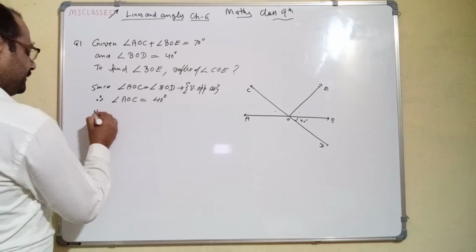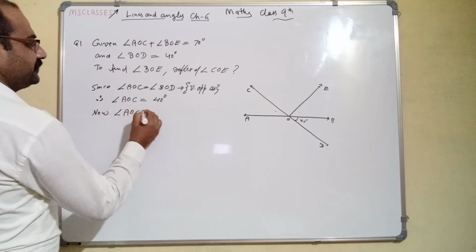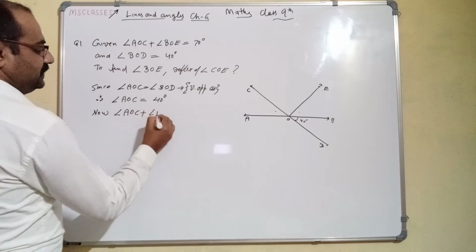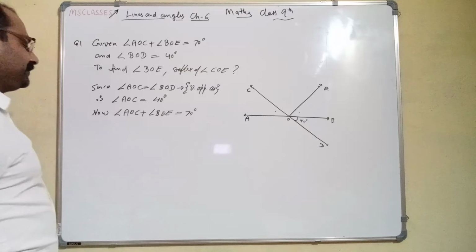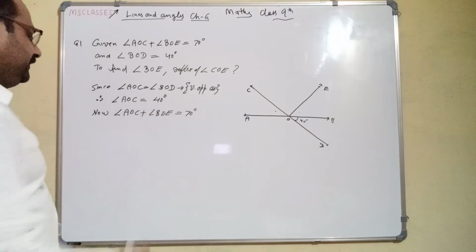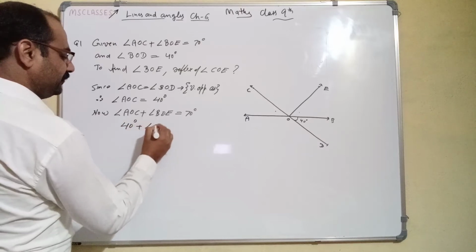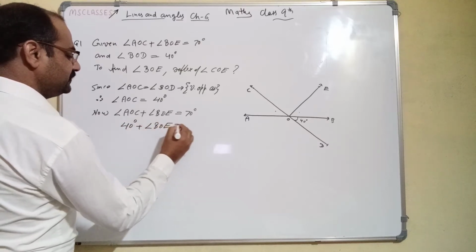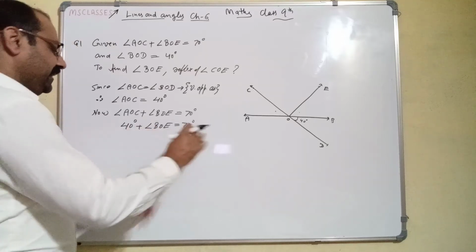Now, you have given angle AOC plus angle BOE is equal to 70 degree. AOC is equal to 40 degree, plus angle BOE is equal to 70 degree. Now you take 40 from left to right.